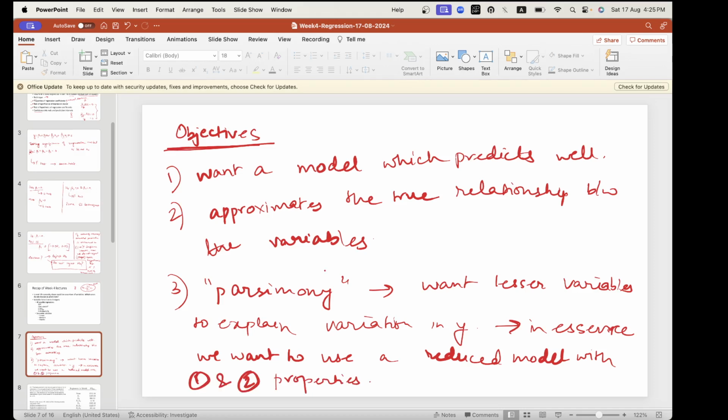This is the entire motto behind variable selection.